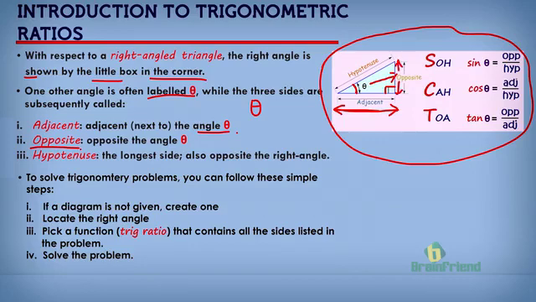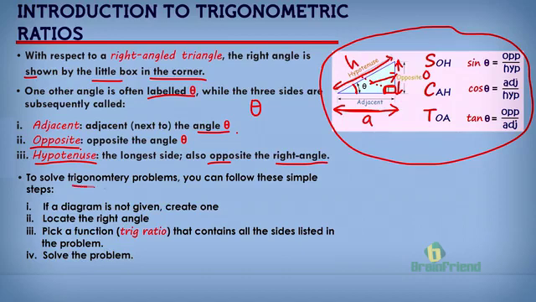And finally, the side that is usually the longest, and it's also opposite our right angle, the angle that we indicated with a little box, the side opposite that angle is called the hypotenuse. So these are the three sides of a typical right angle triangle. Again, we have the adjacent, we have the opposite, and we have the hypotenuse.